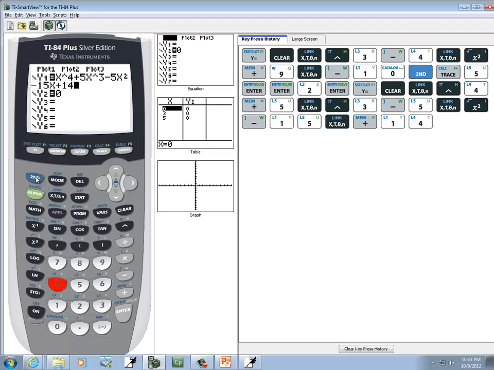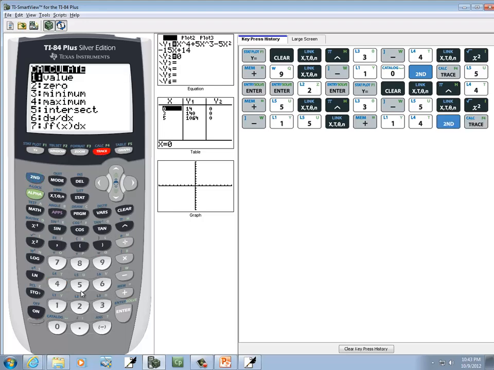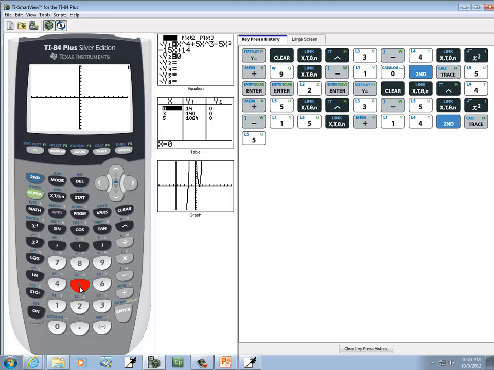Now I have 0 on y2, so that's good. We'll do second trace. Choose intersect. We'll do 5. And that looks like it crosses at negative 5, negative 6, something like that.